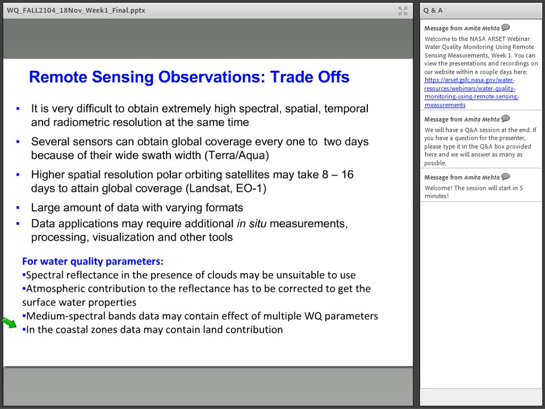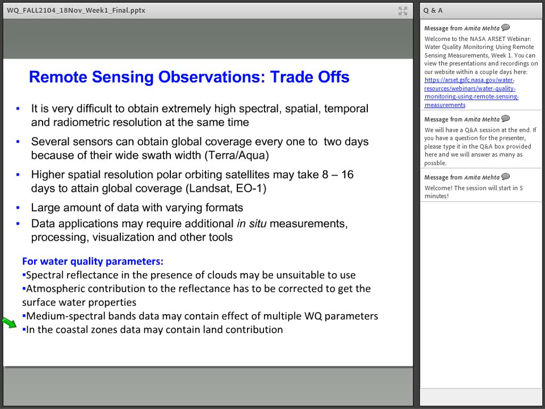And so what we want to see now is just a couple of examples of how some of these data sets are used. This image shown here is from ASTER on the Terra satellite, and this is the Mississippi Delta.